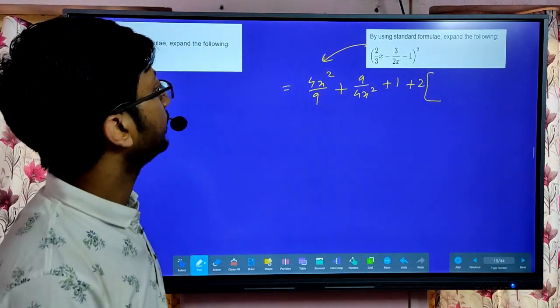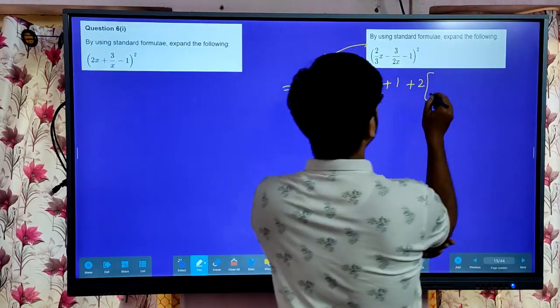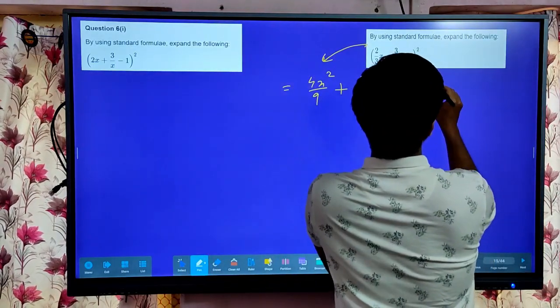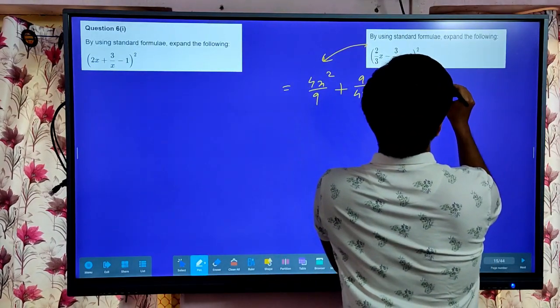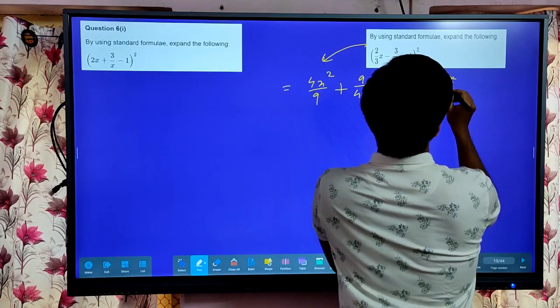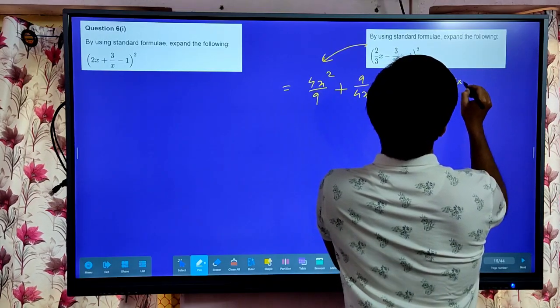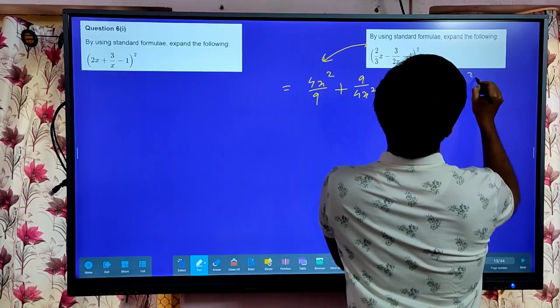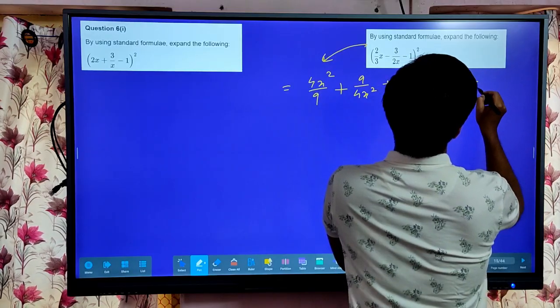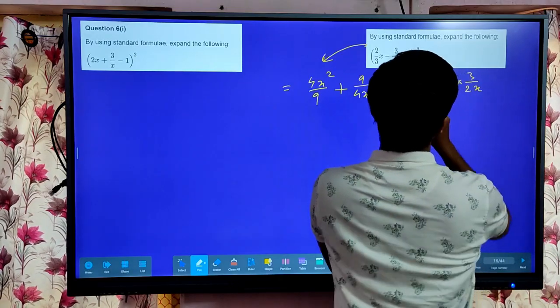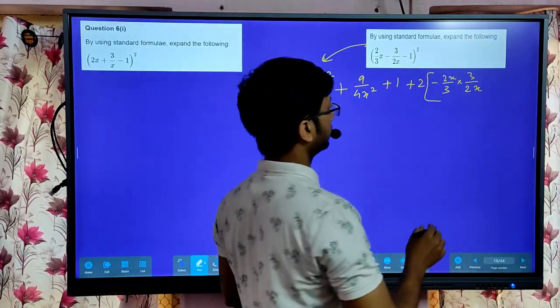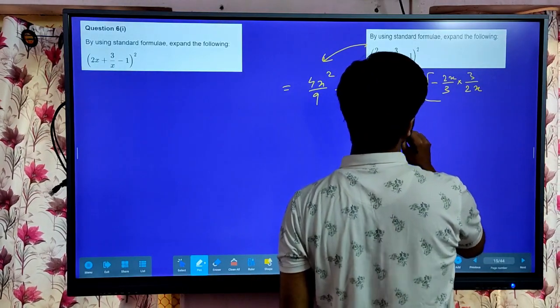So it will be AB, A into B. So it will be with sign, so plus minus is minus, 2x by 3 into 3 by 2x. So it is minus. Then it is minus plus.